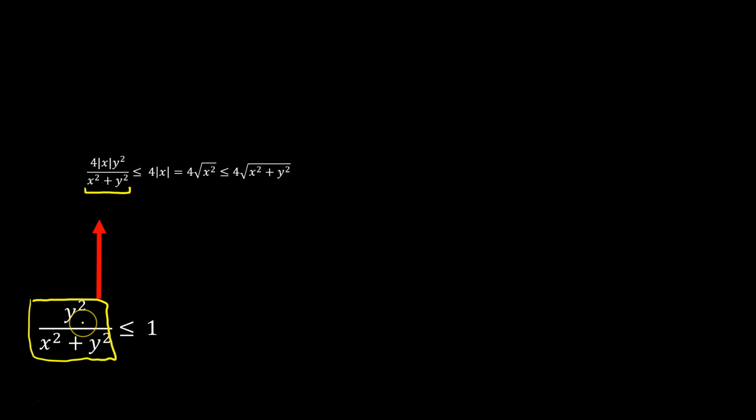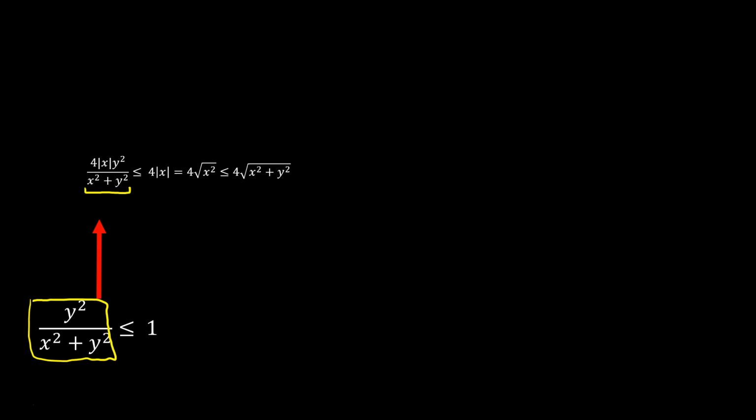That factor, y squared over x squared plus y squared, it's always less than or equal to 1. And that's because the x squared term in the denominator means at the very least we're dividing y squared by y squared. But when x is not equal to 0, we're dividing y squared by a number that's larger than y squared.